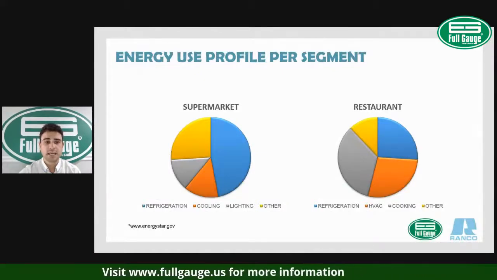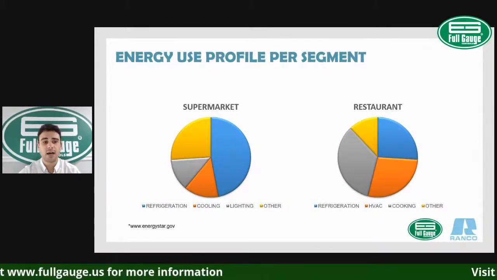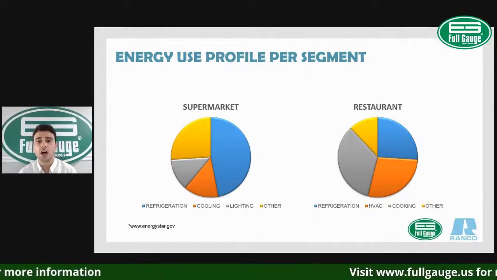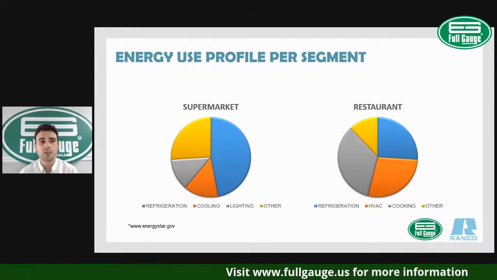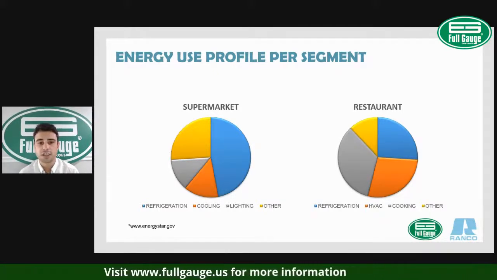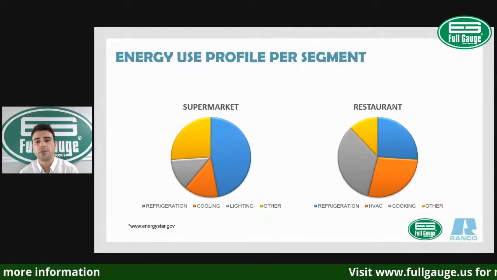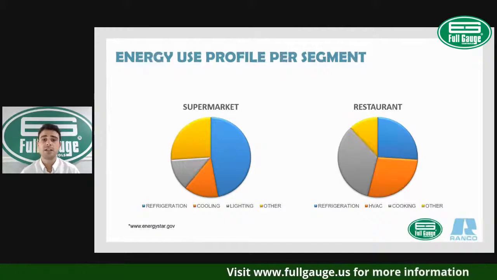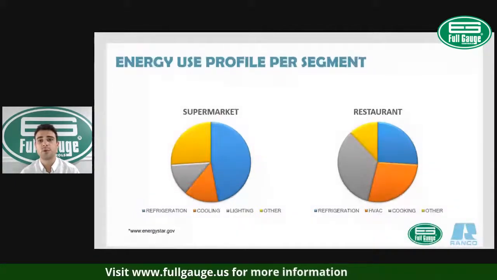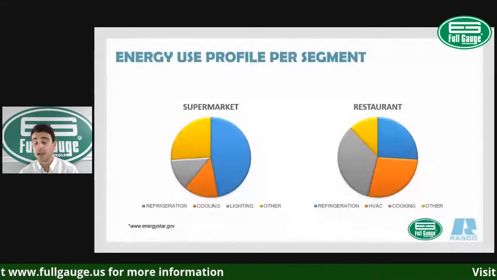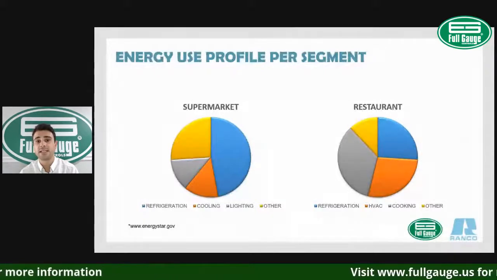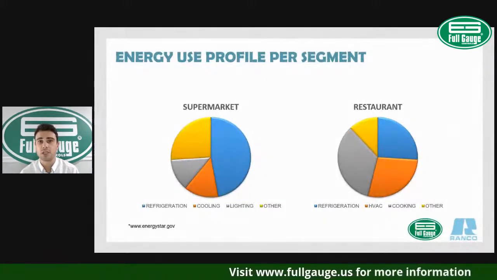So this is a study provided by Energy Star. If you go on energystar.gov, you're able to download those studies about energy consumption in supermarkets, restaurants, and other retail spaces. Refrigeration equipment is responsible for over 25% of electricity consumption in restaurants.